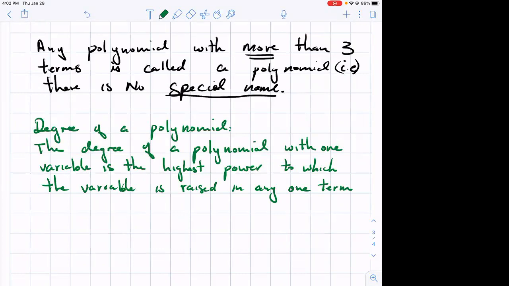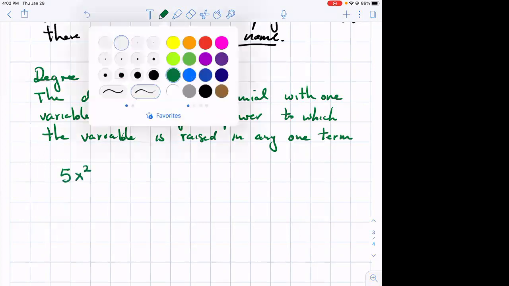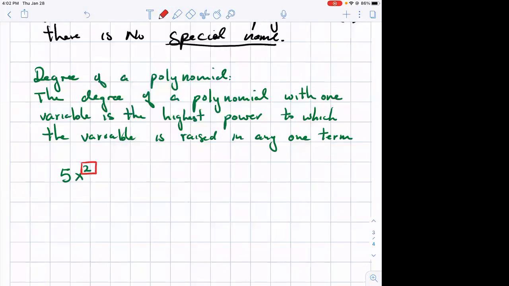So what does that really mean? The degree of a polynomial with one variable is the highest power. So for example, if we have 5x squared, this here is what we call the degree. The power is the degree, but it has to be the highest power.